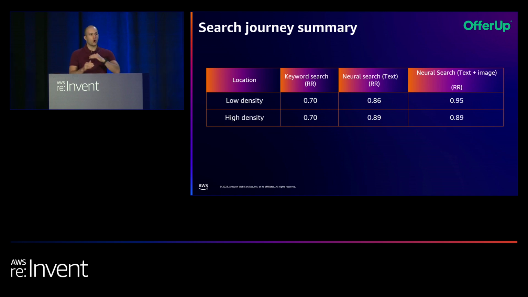On top of that, we started exploring multimodal embedding technology, which increased the relevance recall for the low-density locations, maintained the same performance for the high-density locations without applying any transfer learning, and made the system more stable. So you are thinking, what is next?